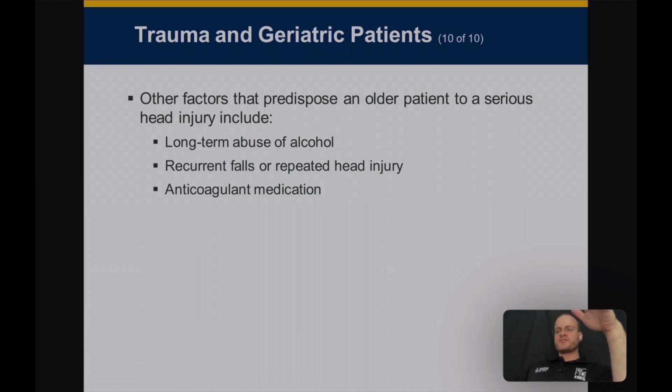And so there's other factors that predispose an older patient to a serious head injury. Long-term abuse of alcohol will shrink the brain. It also thins the blood because it damages the liver, and clotting factors are made in the liver. Recurrent falls or repeated head injuries, that would be intuitive. If you smack your head 10 times a day, you're going to have more serious complications. And like I said earlier, anticoagulant medication, right?